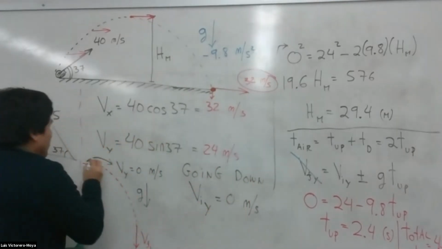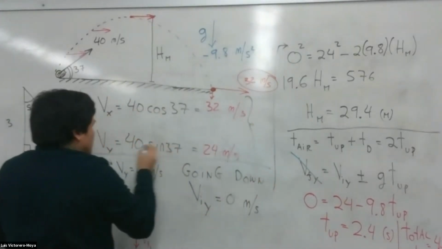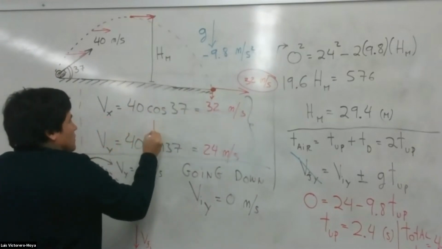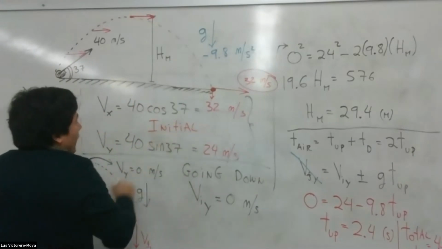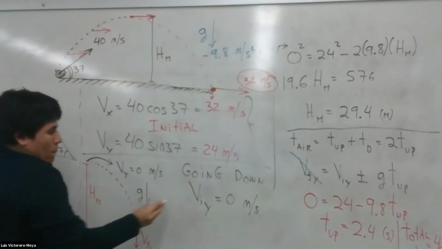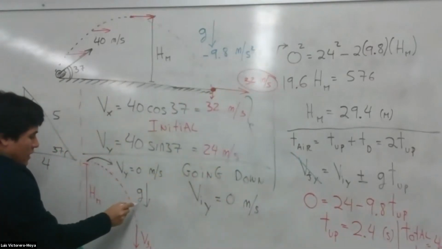That's why I like to divide this into two. These were the initial parameters. These are the initial parameters. Not the final ones though. Well, here it is, but not for Y. So now going down is 0. Gravity is 9.8.